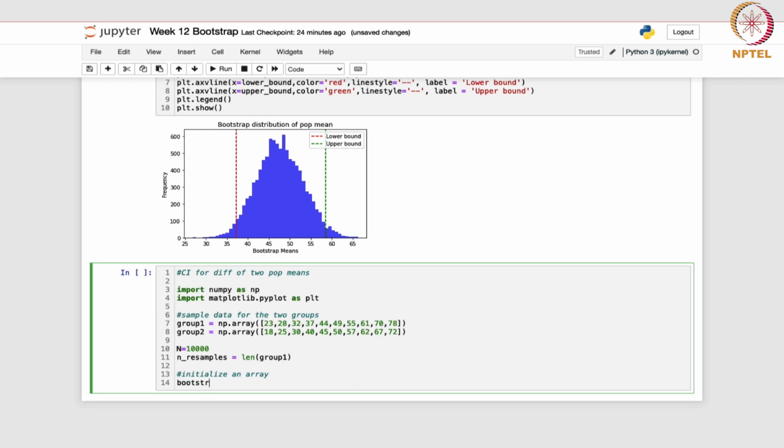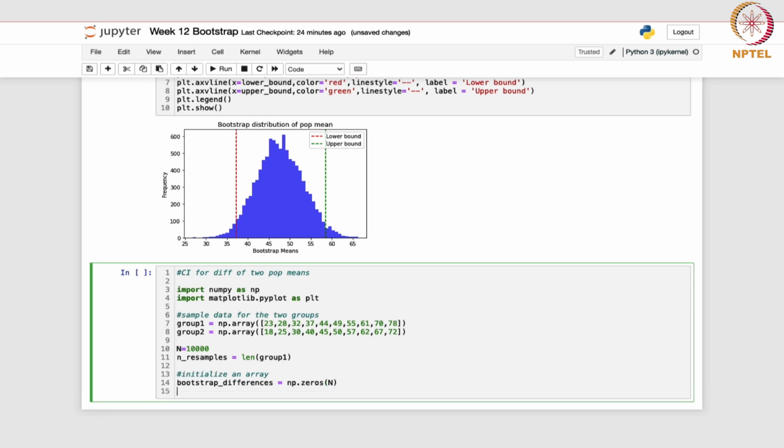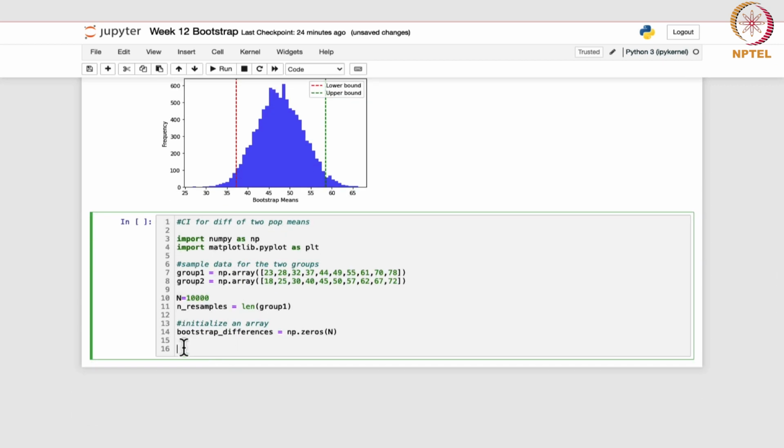So bootstrap_differences would be storing np.zeros. Here it will initialize an array of zeros. Next, for performing bootstrap resampling for the differences, we will initiate a for loop for i in range n.